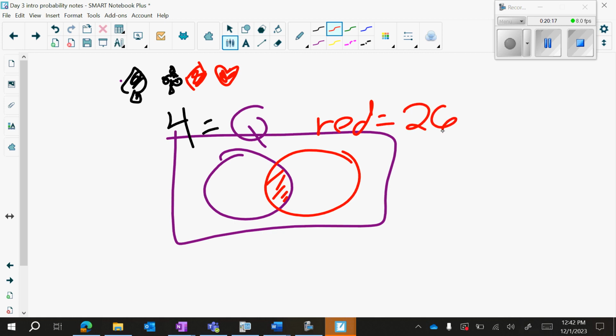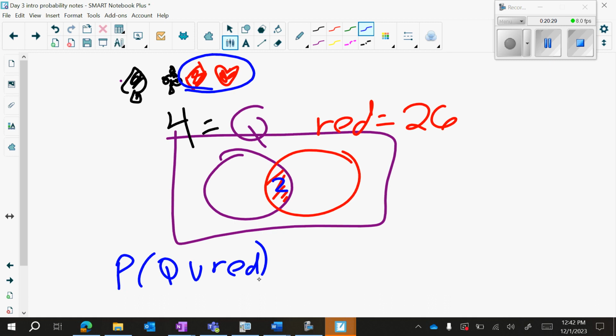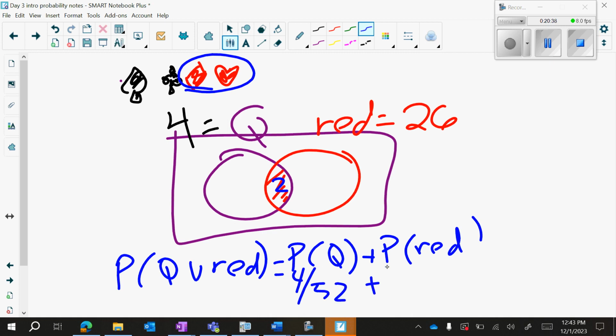Okay, but there is an overlap between queens and red because there are 2 queens that are red. So if I wanted to find the probability of queen or red, if I added the probability of queen to the probability of red, I would actually be wrong, because if I do 4 out of 52 plus 26 out of 52, and I get 30 out of 52, I'm actually counting 2 of the queens twice.